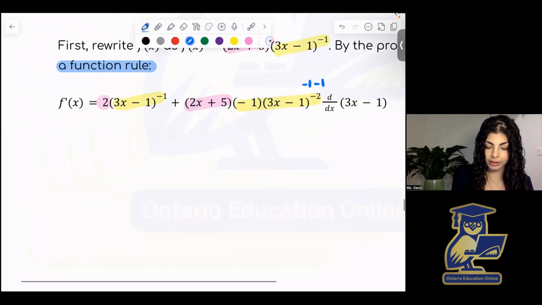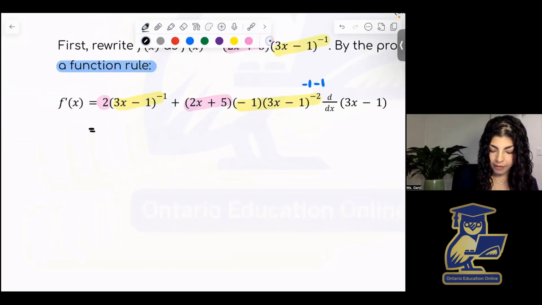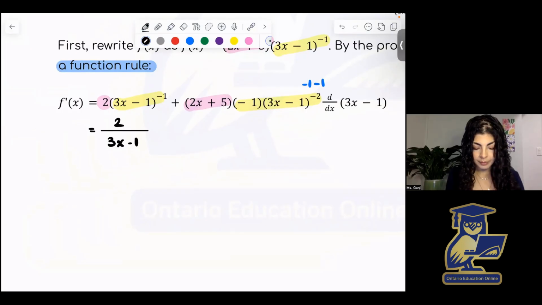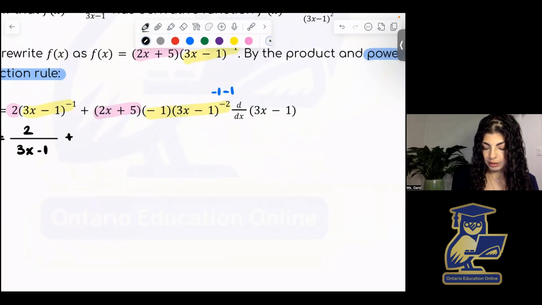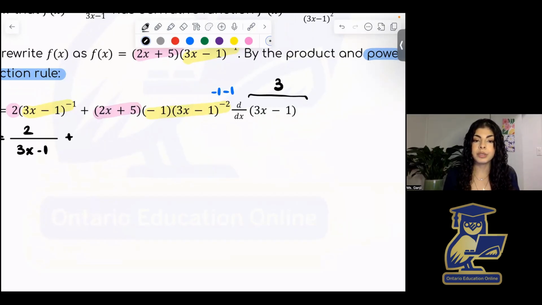So now let's try this. So here I have 2, and this is really 3x minus 1. And then plus here. So this is just 3 by difference rule as well as the constant multiple rule.